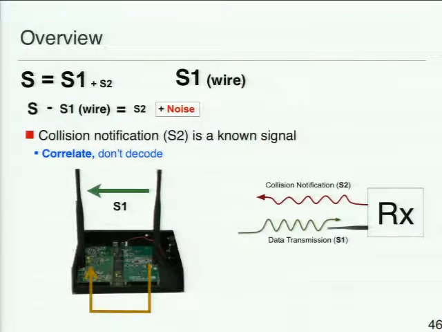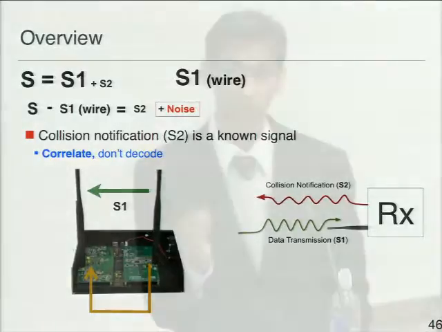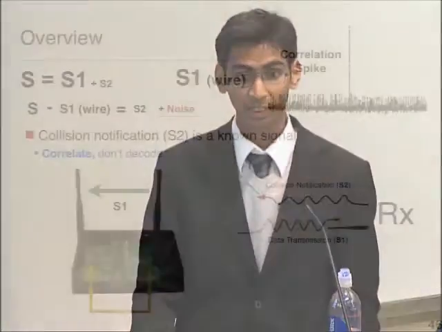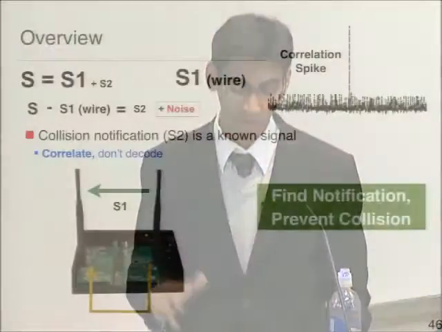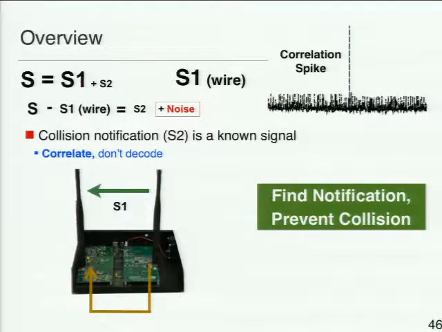A correlation is essentially a mathematical operation in which it's possible to detect the presence of a known signal S2 in presence of even a high background signal S1. So if the transmitter is correlating for the collision notification, if there is any, it will have a correlation spike. It will know that there is a notification, it will abort the transmission, preventing the collision.